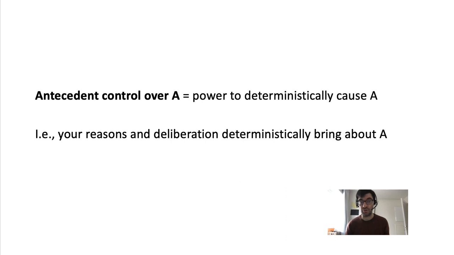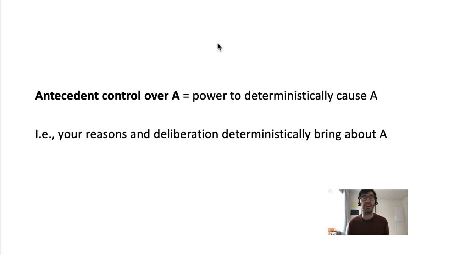And if that's true, then if antecedent control over A is merely the power to deterministically cause A, then we don't have to spell this out in terms of the power to perform another action. We simply say it's the idea of your reasons or your deliberations, something happening inside you that's not an action, deterministically bringing about A. And if we understand antecedent control over A like this, then it does sound like it might be something like a necessary condition for free will, and it's not met in an indeterministic world, at least not according to Franklin's definition of what free will is.